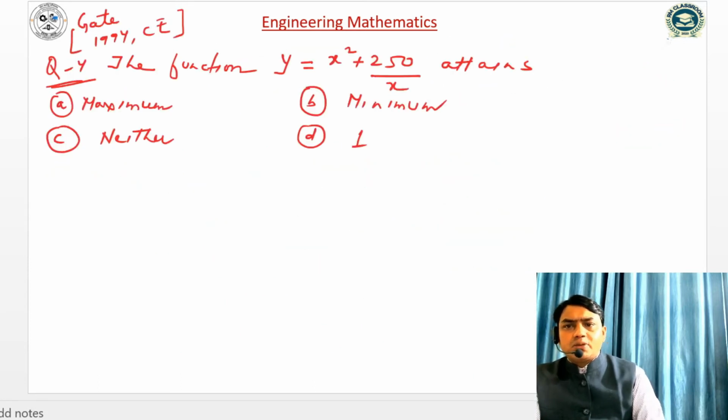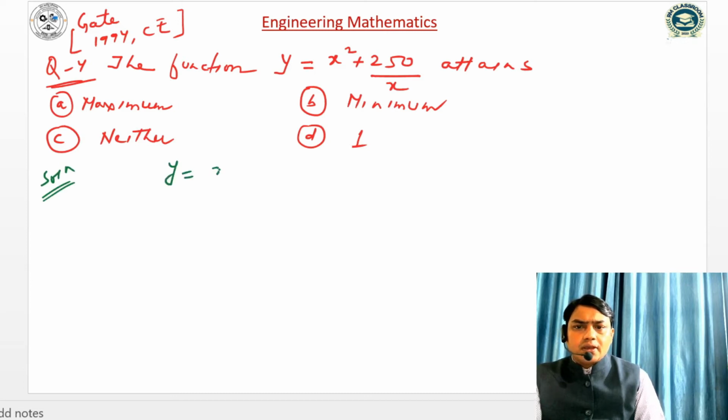Let us take another problem. This question is asked in Civil Engineering GATE 1994. The function y is equal to x square plus 250 by x attains maxima, minima, neither maxima nor minima, or it is 1. So once again we have to compute dy by dx. So dy by dx is equal to 2x minus 250 by x square.